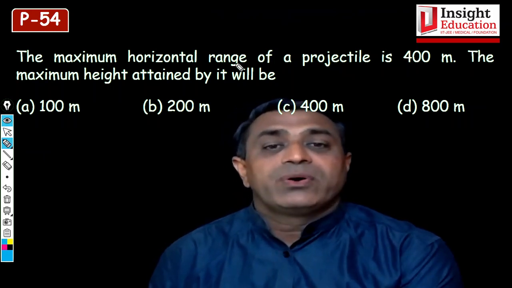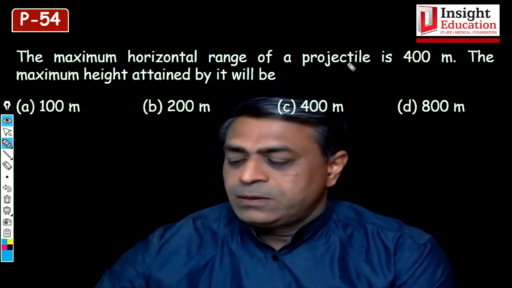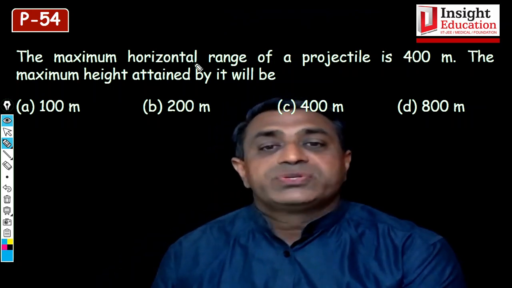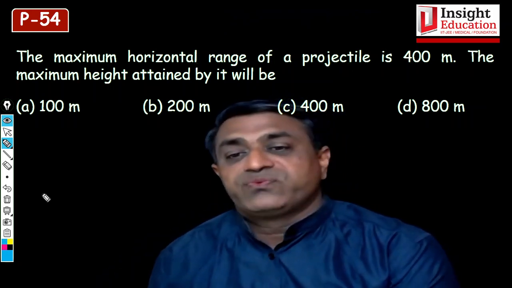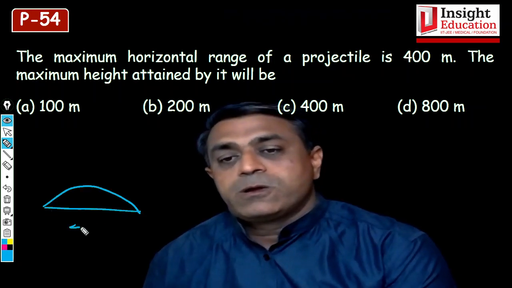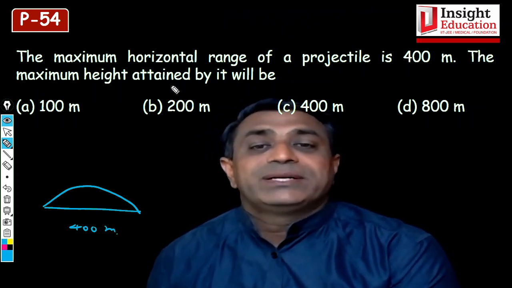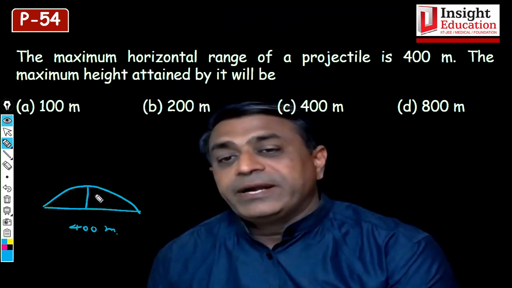The maximum horizontal range of a projectile is 400 meters. Now find the maximum height attained by it, find out h.